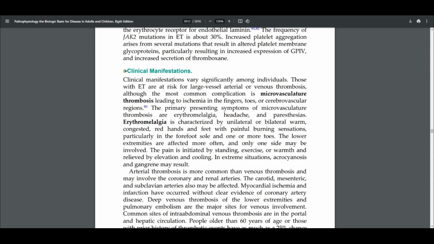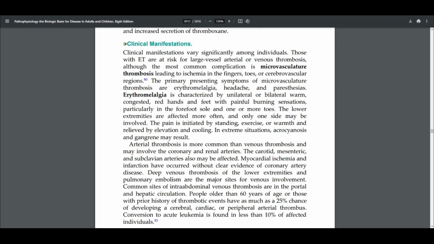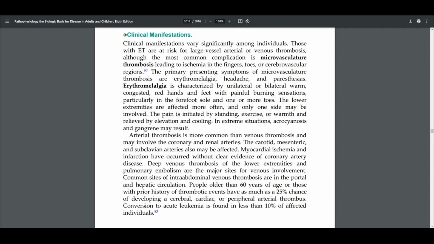Increased platelet aggregation arises from several mutations that result in altered platelet membrane glycoproteins, particularly resulting in increased expression of GPIV and increased secretion of thromboxane. So its clinical manifestations, therefore, vary significantly among individuals.